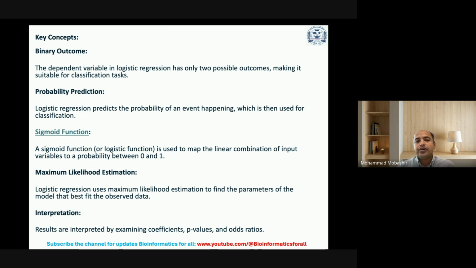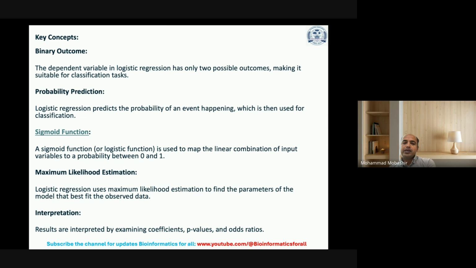Then it is the sigmoid function. A sigmoid function, or logistic function, is used to map the linear combination of input variables to a probability between 0 and 1. The next term is maximum likelihood estimation, which I discussed in the last class in a very well-defined way. It is used to find the parameters of the model that best fit the observed data.